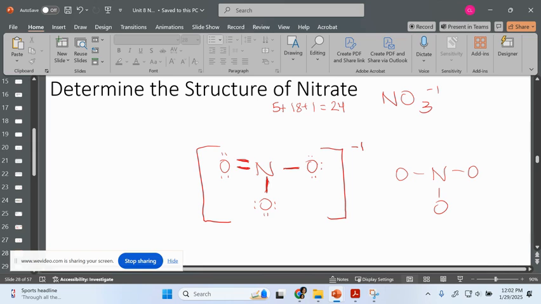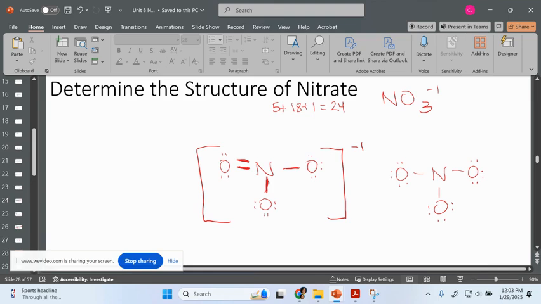Okay. So right now I have 6 out of 24, right? 6, 8, 10, 12, 14, 16, 18, 20, 22, 24. What's the problem? I ran out of electrons. What's wrong with my drawing right now?